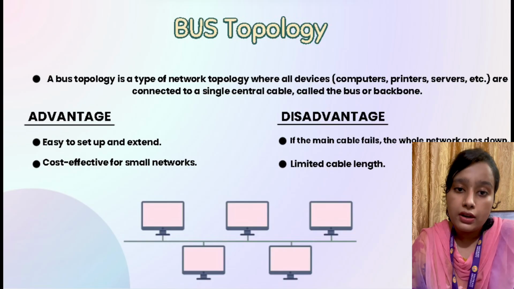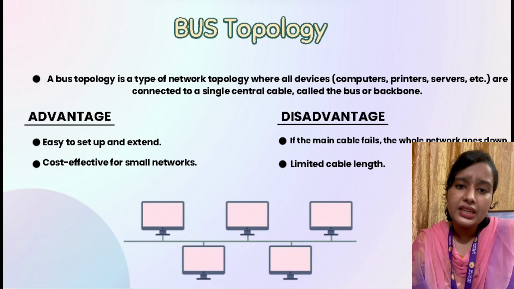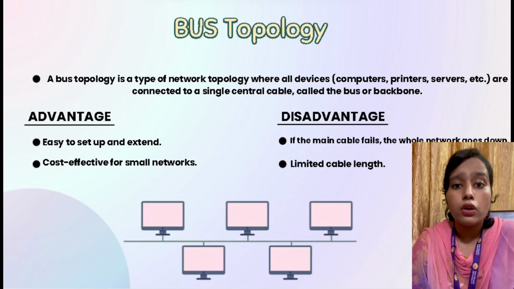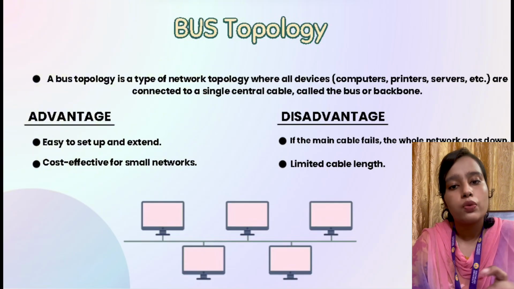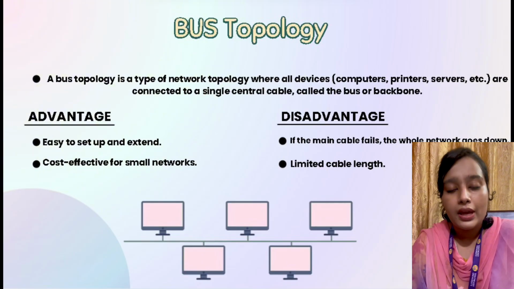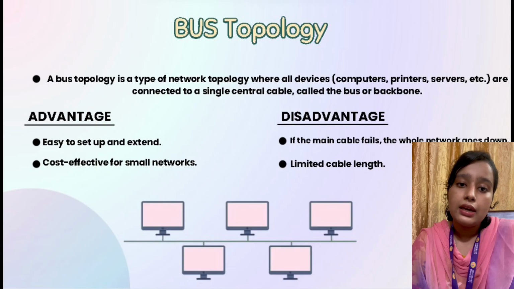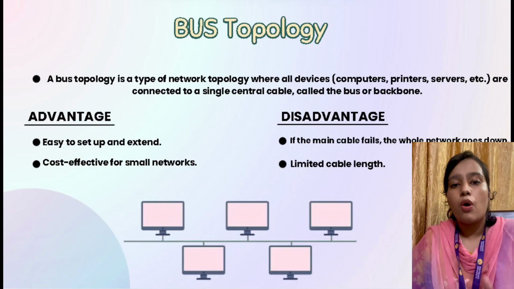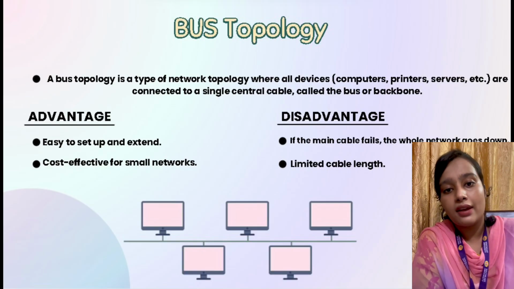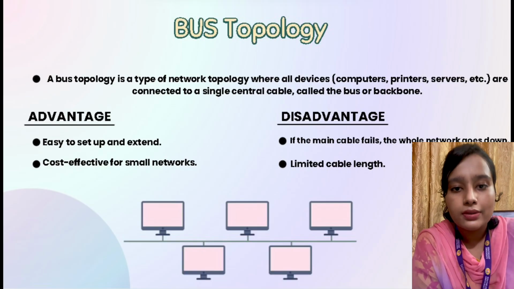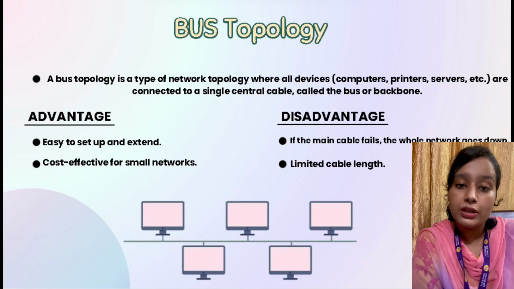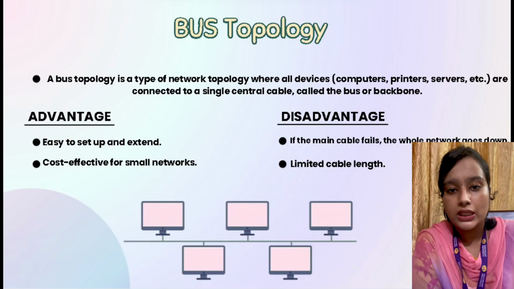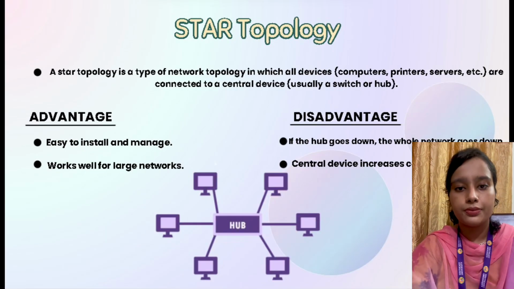The disadvantages are, if the main cable falls down, the whole network falls down. And second, cable length is short, so it cannot carry a long network. So I would like to go to the next topology, which is star.